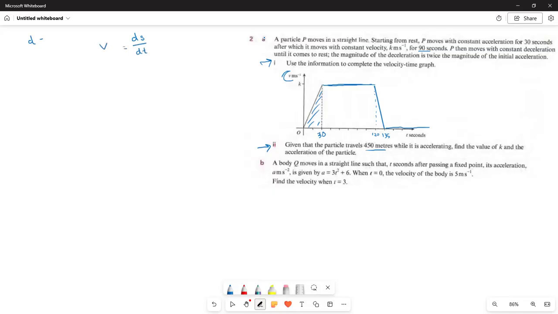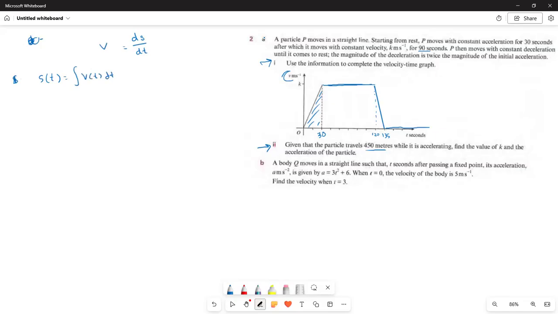So the integral of speed will give you distance. In general, distance as a function of time is the integral of the speed.